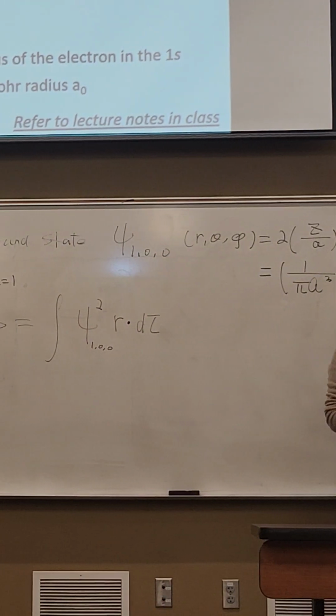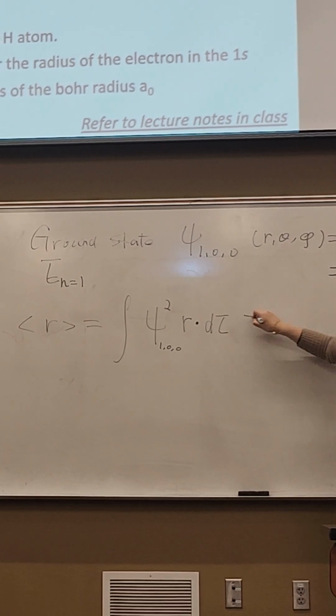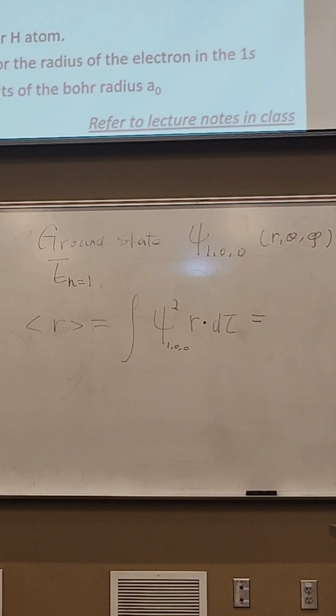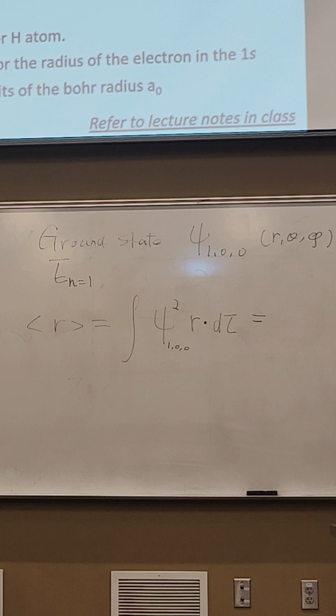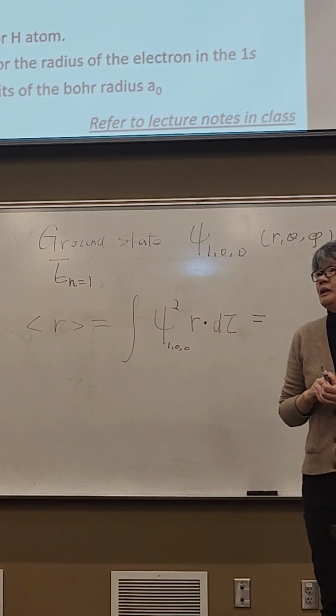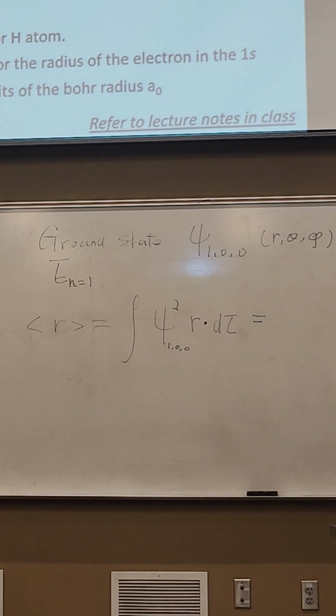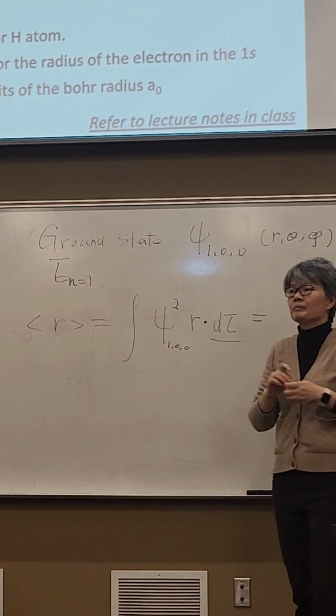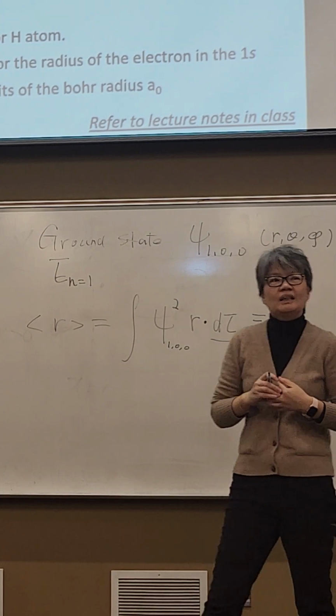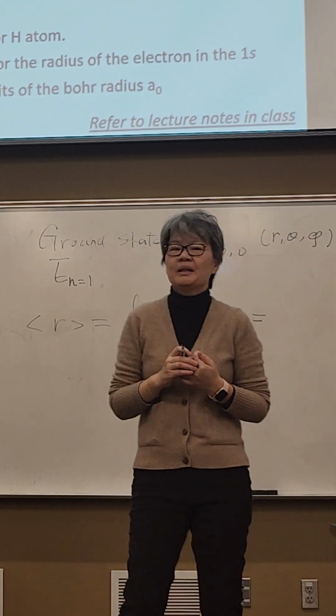Now, if we do the integral, let's write out what d tau is. What is the volume element in three-dimensional space? Jordan: x times y times z. The d tau right here is dx dy dz. I would like to change it to spherical coordinates: r squared sine theta.